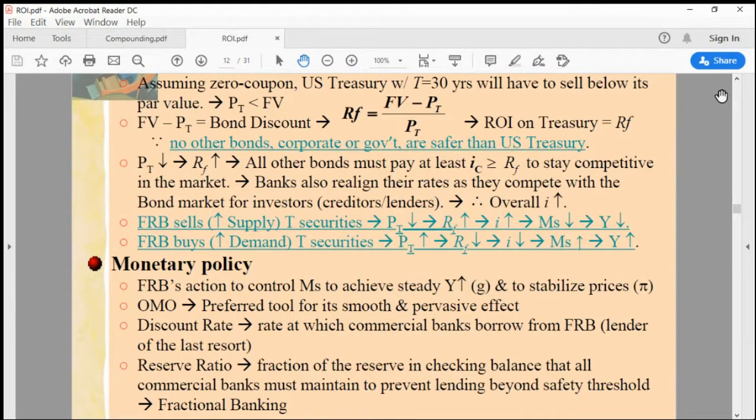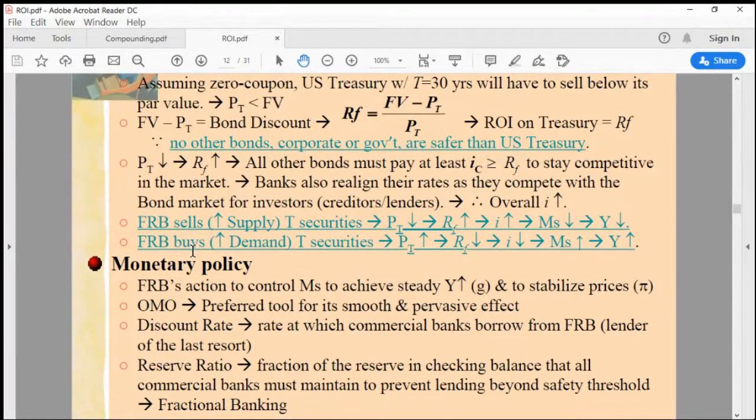Now, so now let's think about it. What's going to happen if the Federal Reserve sells more Treasury securities? Actually, Treasury securities are not issued by the Federal Reserve, they're issued by the Treasury Department.